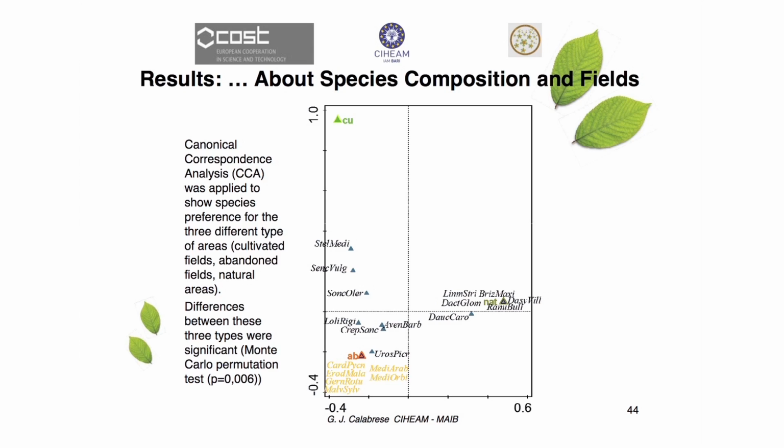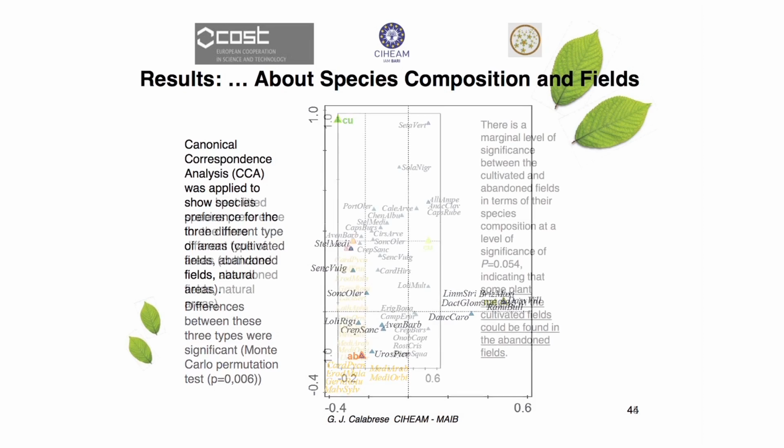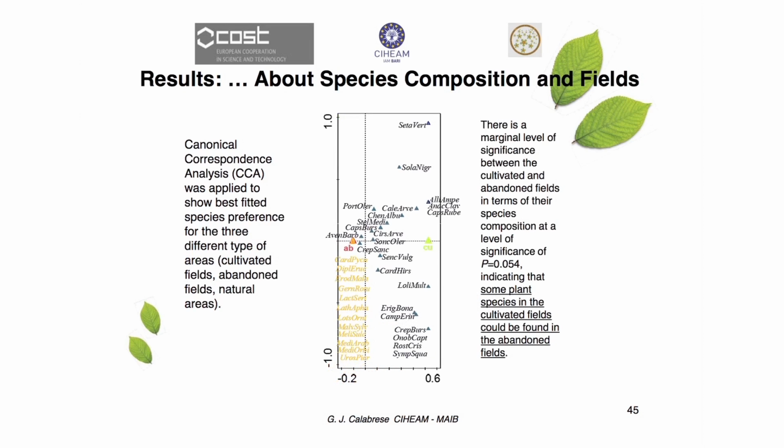And we found out that there are some species growing in the abandoned area that do not grow in the natural areas, for instance. But none of such species growing in a natural area grow in the abandoned one. So, this is a better picture of the story.